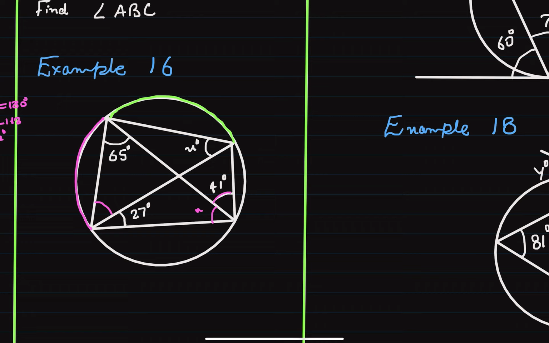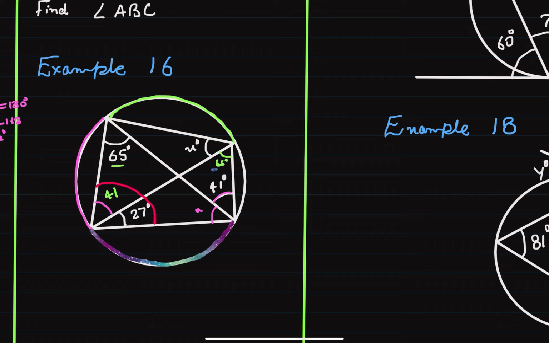So this is 41. Or you can think in this way that if this is 65, then this is also 65. Reason? Because this 65 is facing this arc. So this is also facing the very same arc. So this is 65.